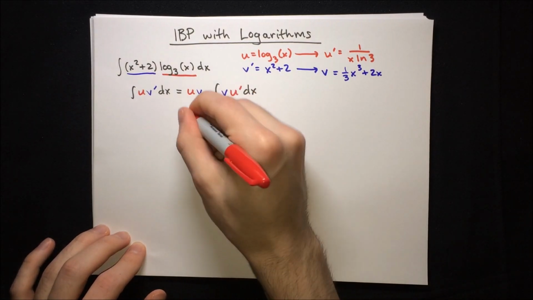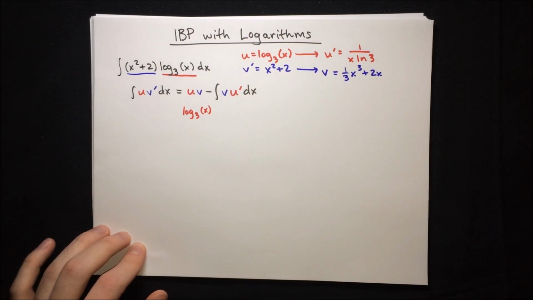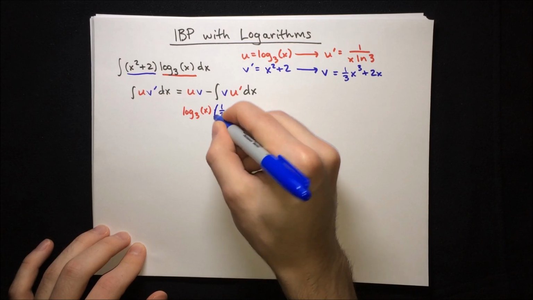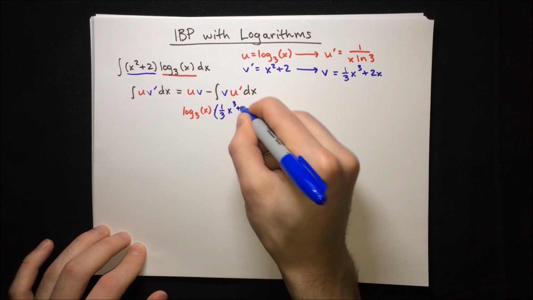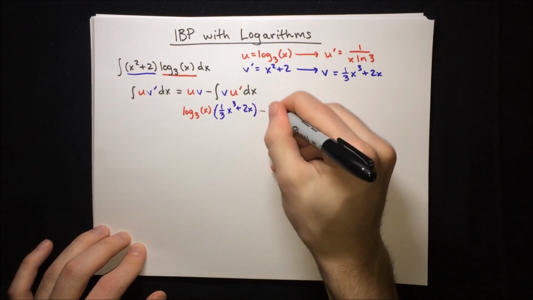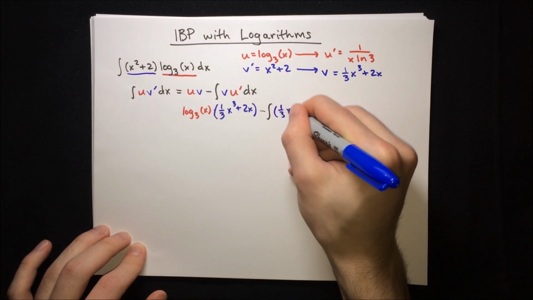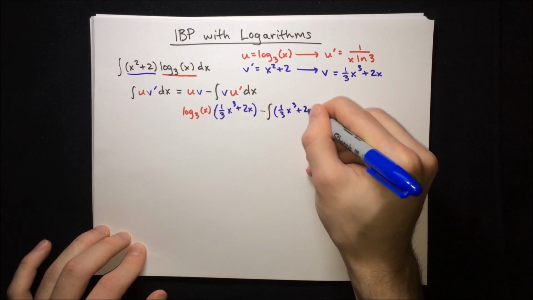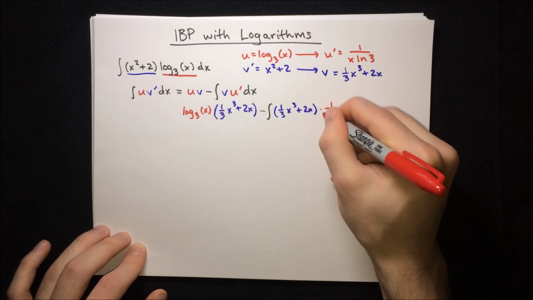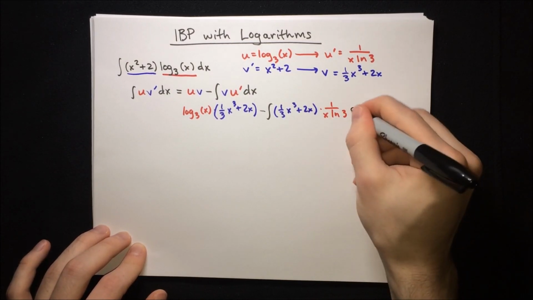And now it's just time to substitute in the right hand side of our formula here. So u is log 3 of x, and v was 1/3 x cubed plus 2x, and then we've got minus that integral of v again, 1/3 x cubed plus 2x times u prime, 1 over x ln 3 dx.